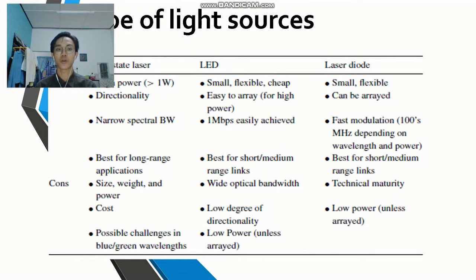Although the laser diode and solid state laser are used for optic fiber and long range, medium range, or even short range links. As you can see from the table, there are pros and cons for each type of light source.